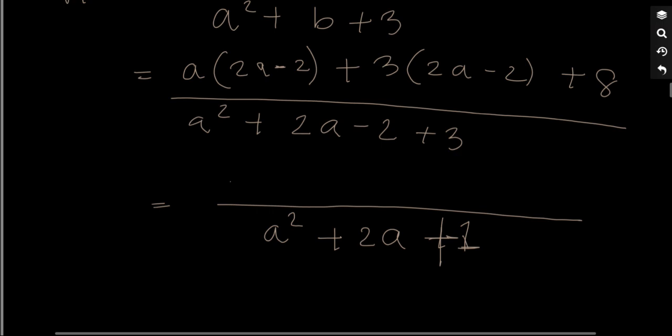So 2a square, then 2a, and 3a, 3, 6. So subtract 2, then I'm going to get 4a and 2a. So 2 times 2, 6 plus 8. Yes, so that's 2 plus 2.